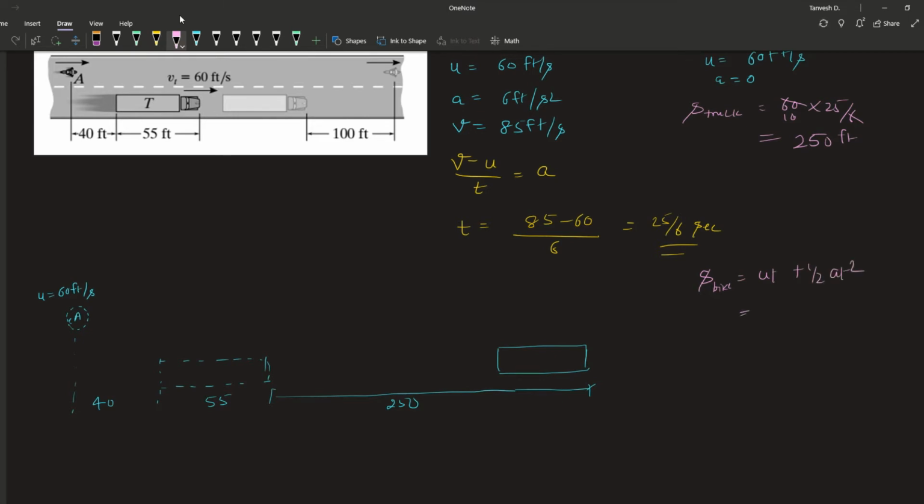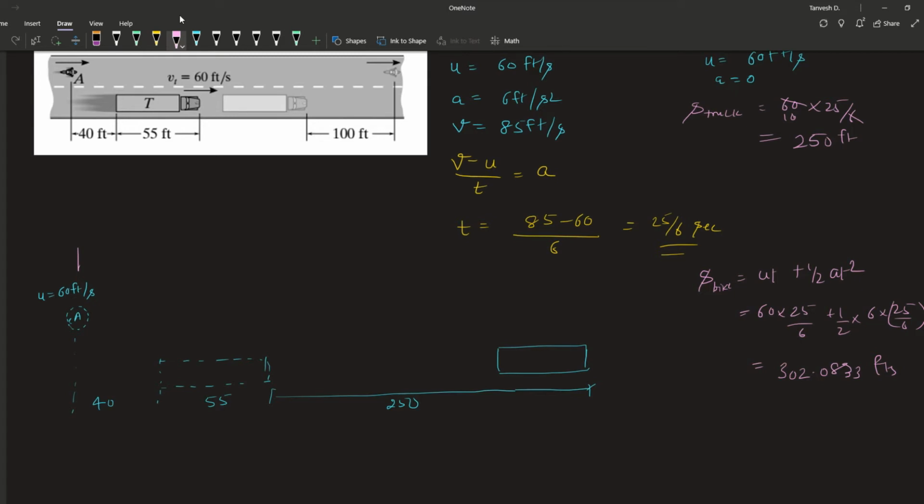So the initial velocity of the bike was 60, time taken is 25 by 6, plus half into acceleration, which is 6, and time is 25 by 6 the whole square. So you will get this as 302.0833 feet.